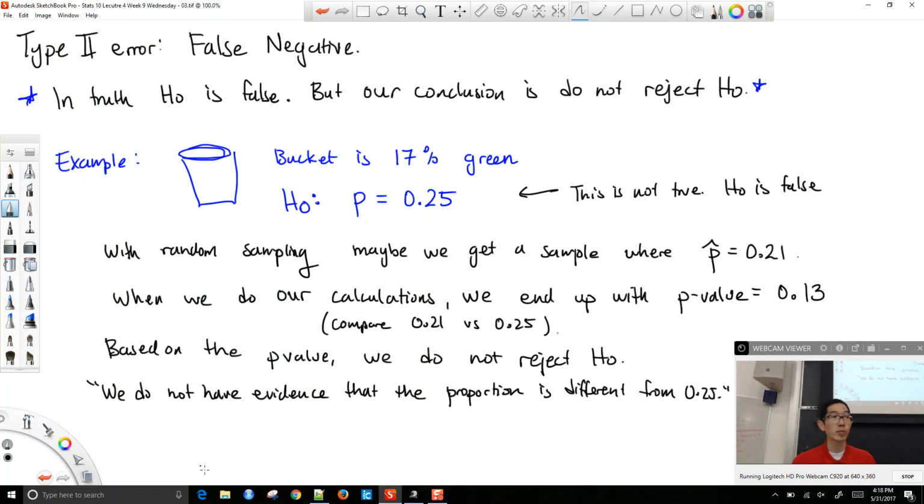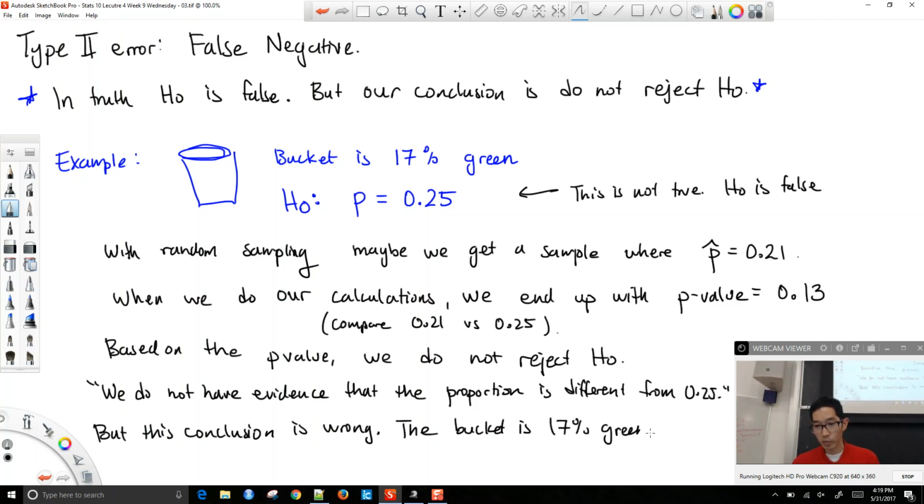But that conclusion is wrong, because in reality, the bucket is only 17% green. But we didn't come to that conclusion.